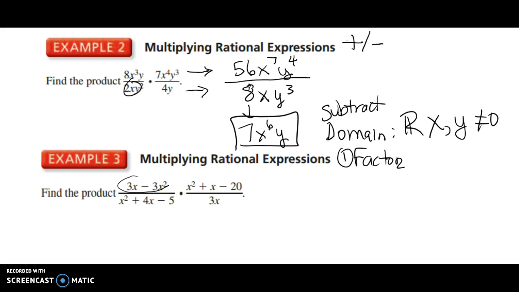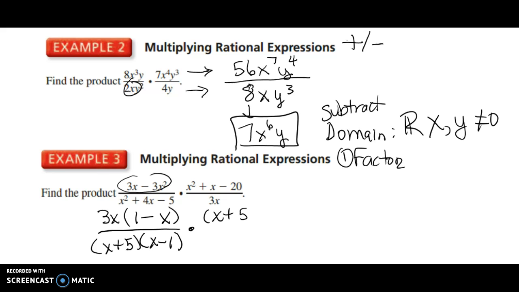So in this first numerator, I can take out a 3x. I'm then left with 1 minus x. The denominator is an easy trinomial. X plus 5, x minus 1. The next numerator, another easy trinomial, x plus 5, x minus 4. And then the denominator cannot be factored.